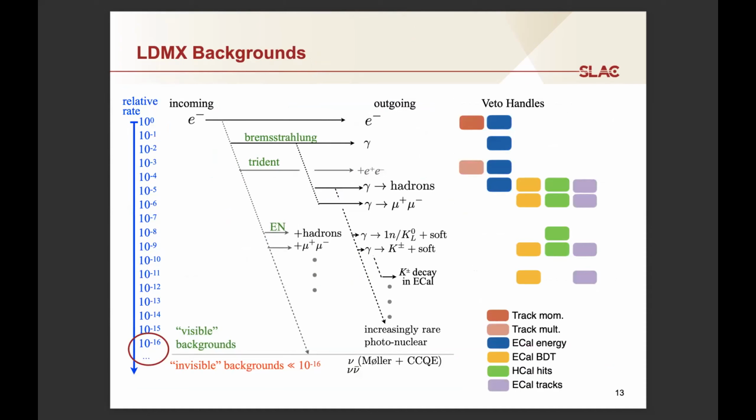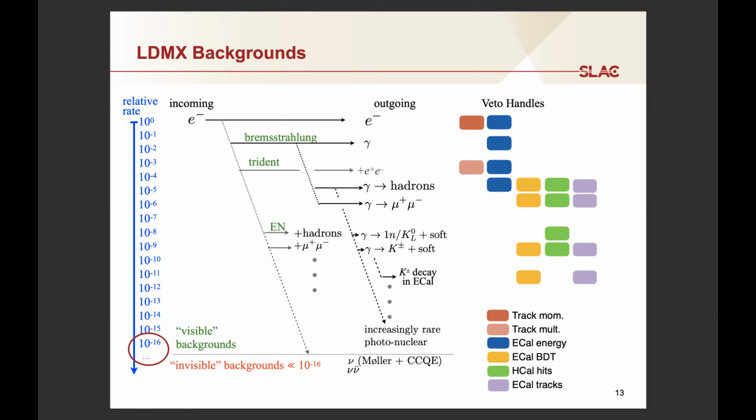What are the backgrounds that actually have an impact on this analysis? At the highest rate, you have just an incoming electron and an outgoing electron, very easily removed by tracking. And then you have Bremsstrahlung, and then the gamma in the calorimeter is going to go through a various set of different processes that are going to be rarer and rarer.